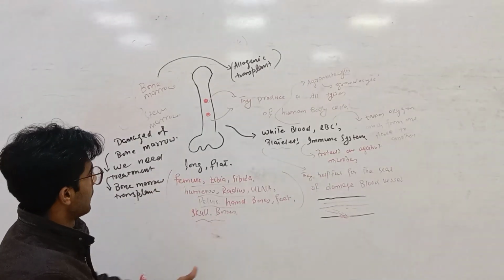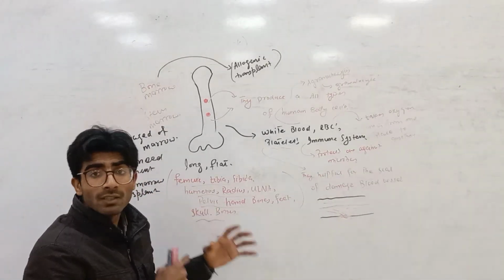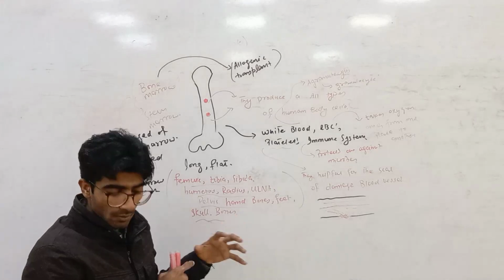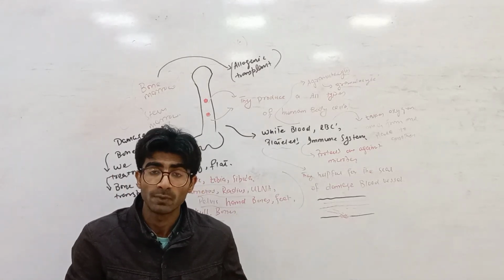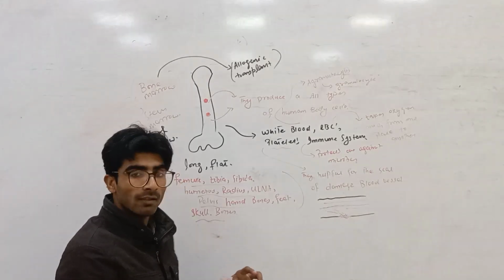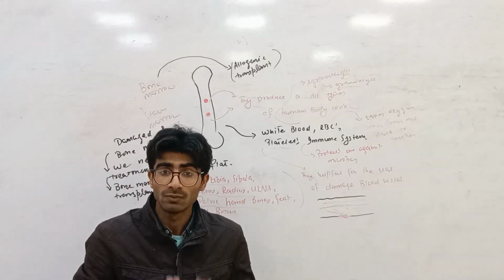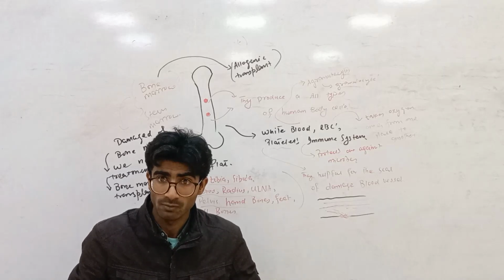I want to explain this structure again. The stem cell, known as the supercell, is present in the bone marrow. Bone marrow produces all types of cells in the human body, and these cells compose tissues, and tissues perform important roles for surviving.